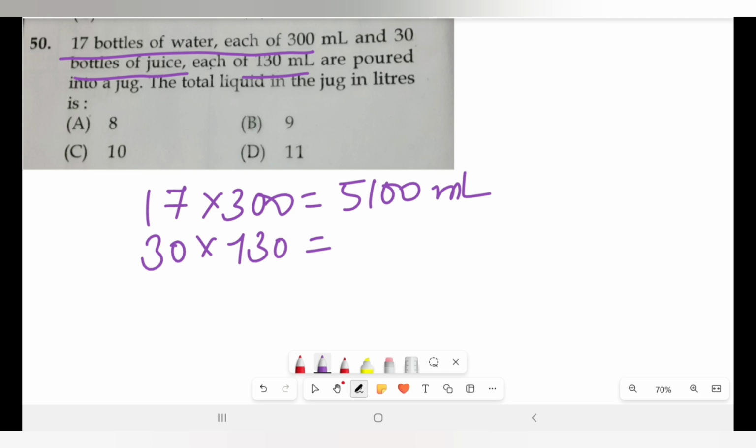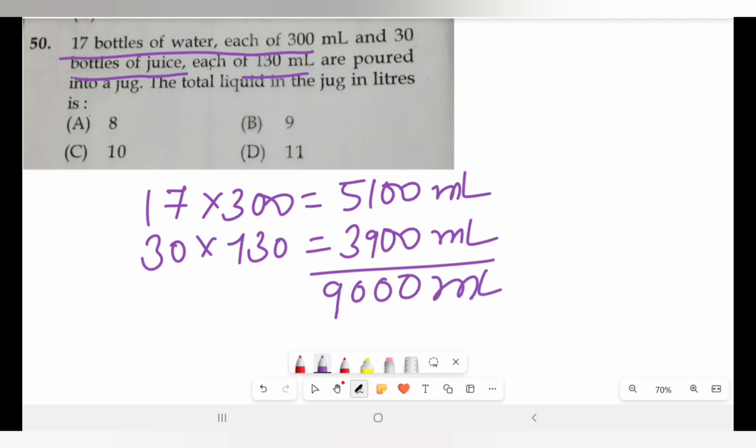So 13 into 3 is 3900 ml. Let us add these two, so 9000 ml. So this is equal to, in terms of liters, 9 liters. So B is the right option. So this question is available in CBSE grade 3.